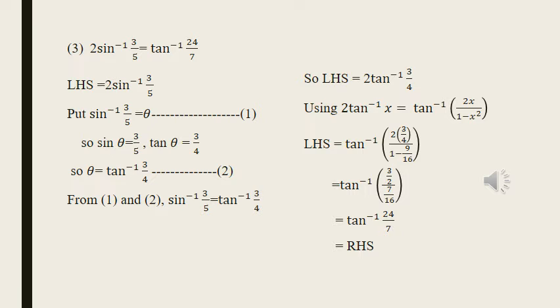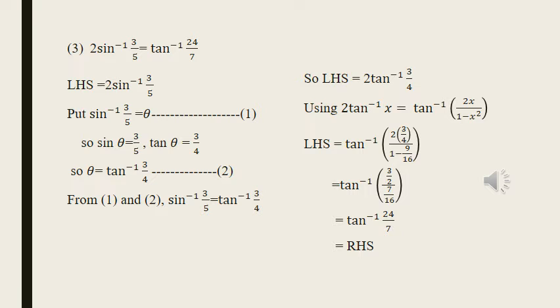Then sin theta equals 3 by 5. If sin theta equals 3 by 5, you know how to get tan theta. You can draw a right angle triangle, and mark theta as one of the acute angles.